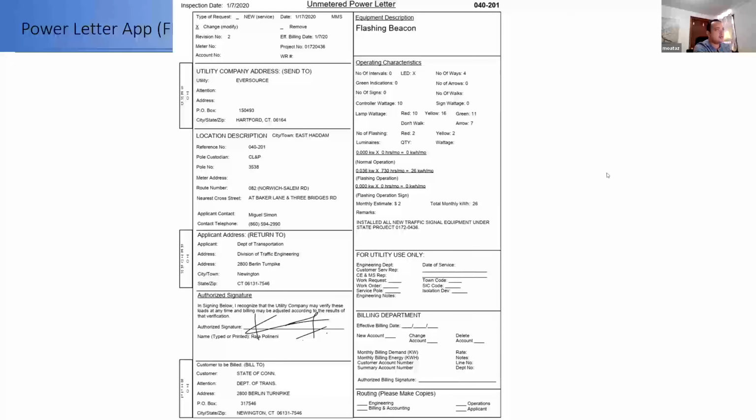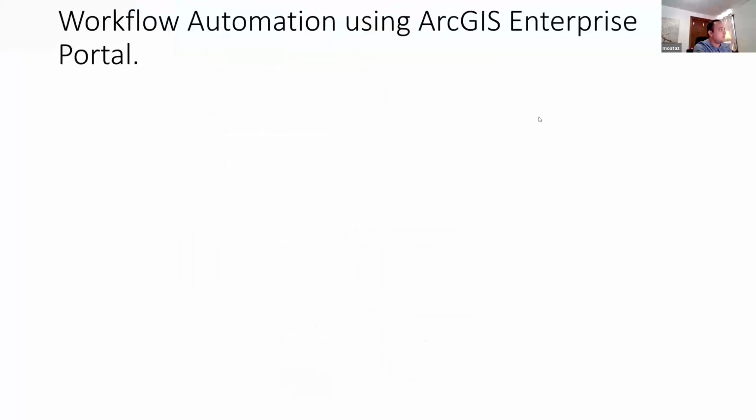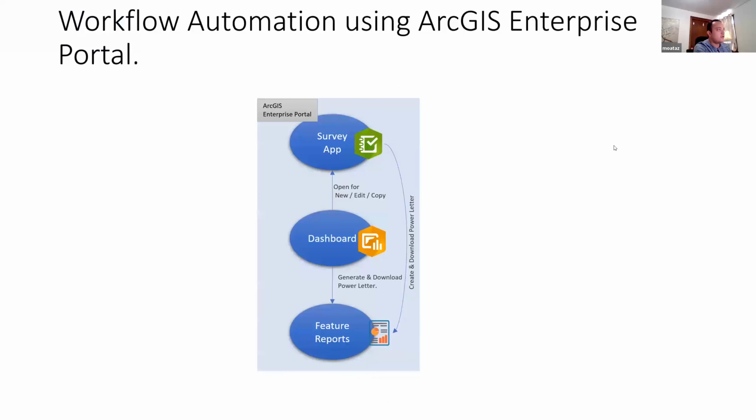And the current system automates this process, beginning with the data collection and ending with this Power Letter generation and distribution. So the workflow is applied or facilitated using three interfacing ArcGIS apps: the Survey 123 application, the operations dashboard, and the feature reports.